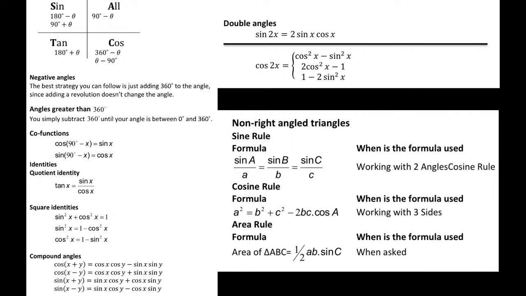For that, go and have a look at the videos available under the trigonometry playlist. There I do some fantastic explanations about the CAST diagram, negative angles and how you handle them, the identities, and cofunctions. If you've never understood cofunctions, please go and watch that video.